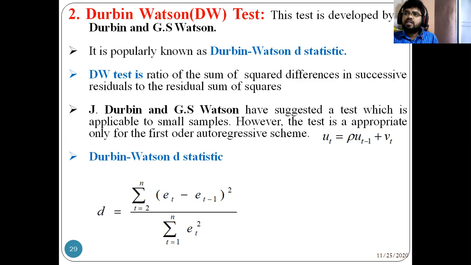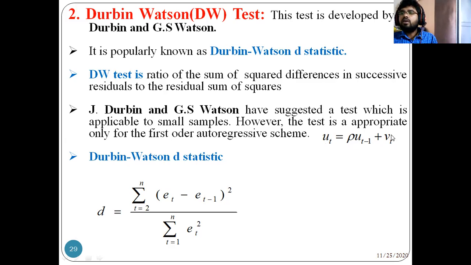So what is first order autoregressive? For example, when you are running a regression model and the model is first order autoregressive, it means the present year's error depends only on its previous year's error term, not on errors earlier than that. Like, for example, in the equation, u t, the present year error depends only on its previous year.